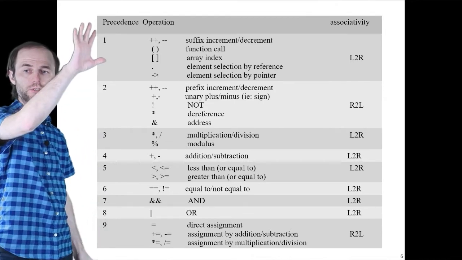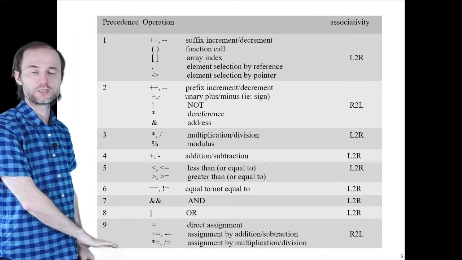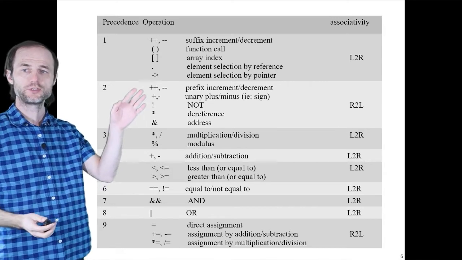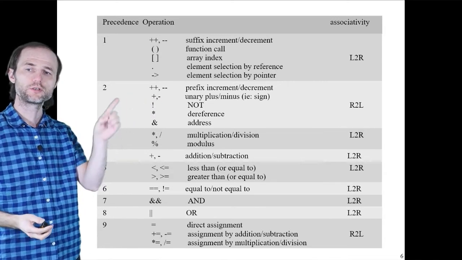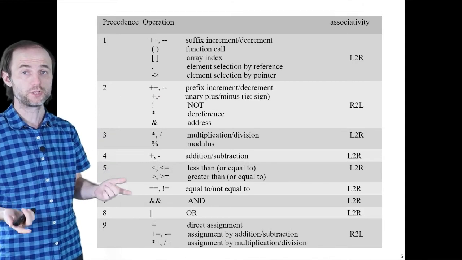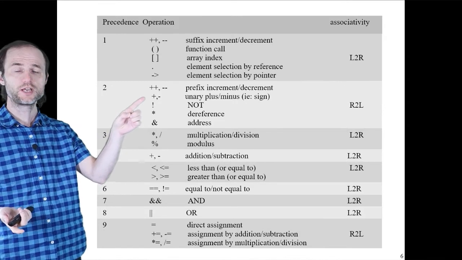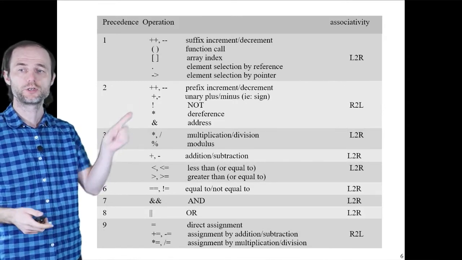This is the high precedence level that is above the lower precedence levels. And you can see that in group 2, there is a prefix increment and decrement. So for instance, ++i and --i will be here. The sign change, -i, will be here.